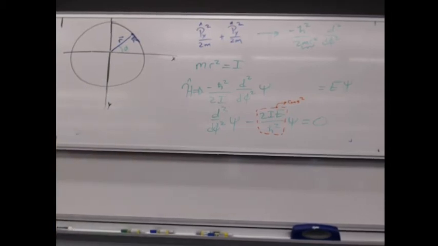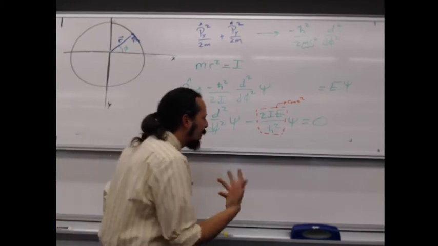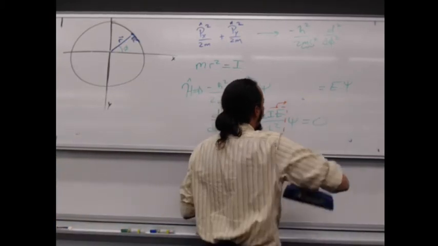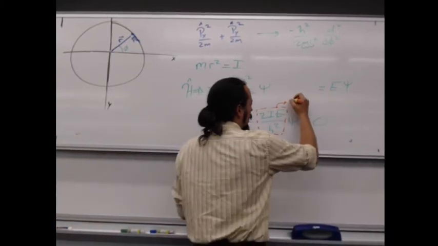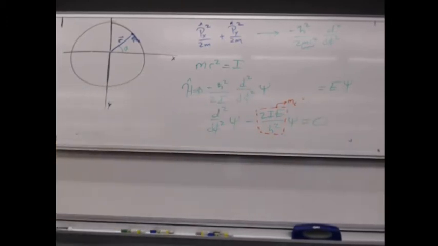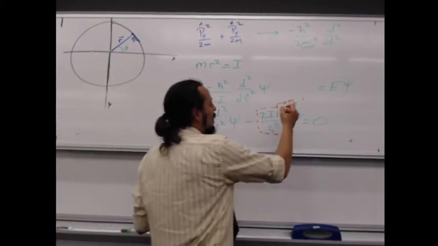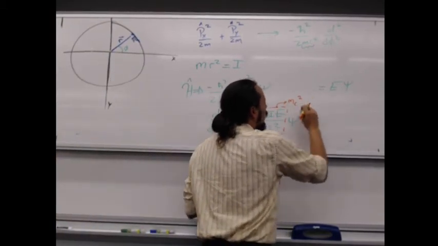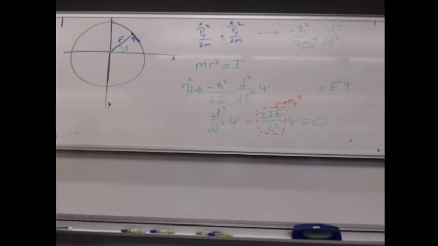We used k for particle in a box. We used kappa for particle in a well. I need to use something else, and I'm just going to randomly pick m sub l, and maybe m sub l squared would make sense for some reason.